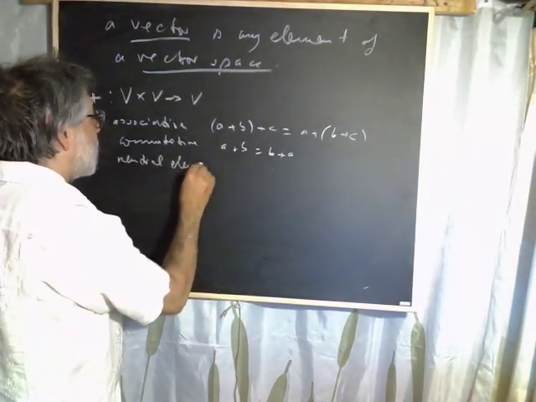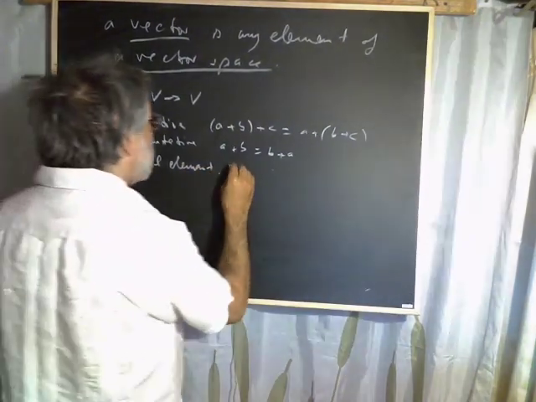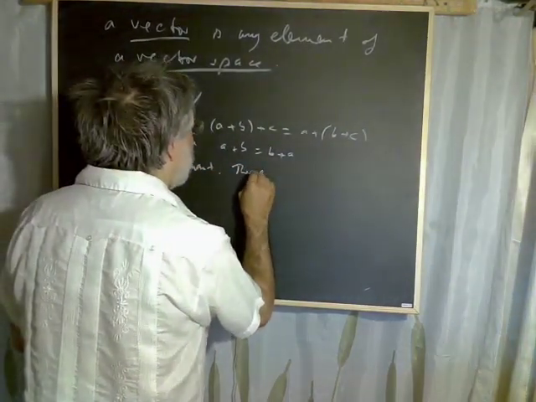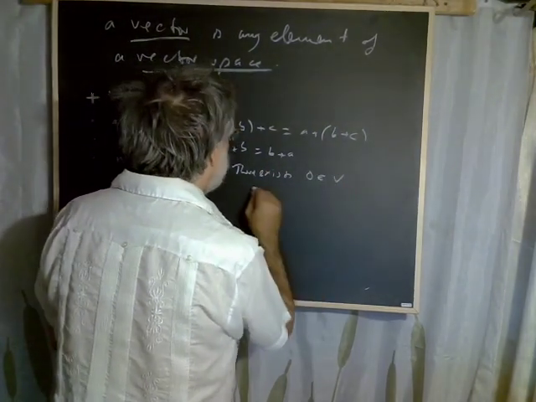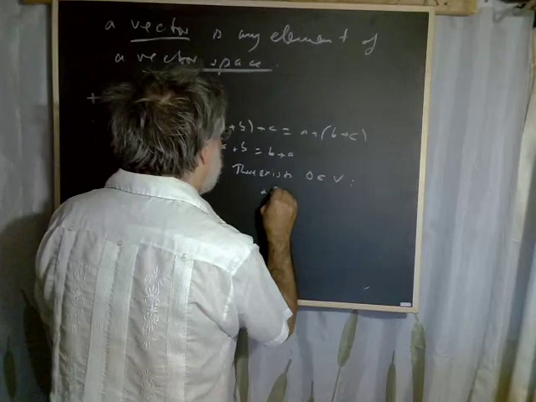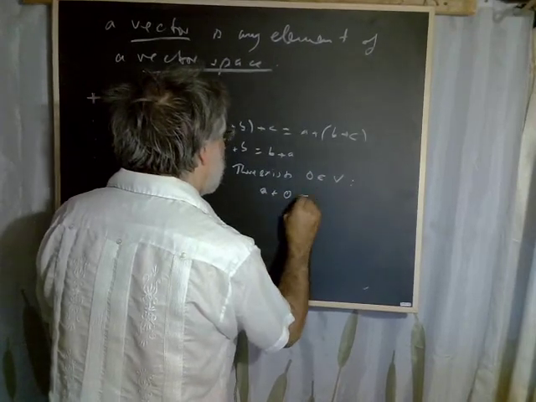The existence: there exists 0 in V such that A plus 0 equals A.